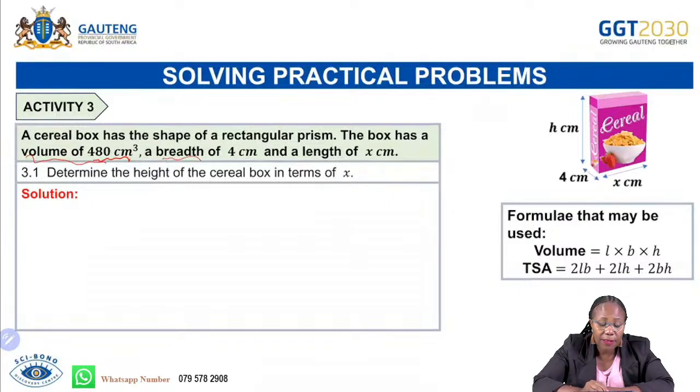And then the breadth of 4 centimeters, the length of x centimeters, as indicated on the diagram there. And then now determine the height of the cereal box in terms of x, grade 12. And then your 5 minutes start now. You have your formulae inside the box there. Please try that one on your own.